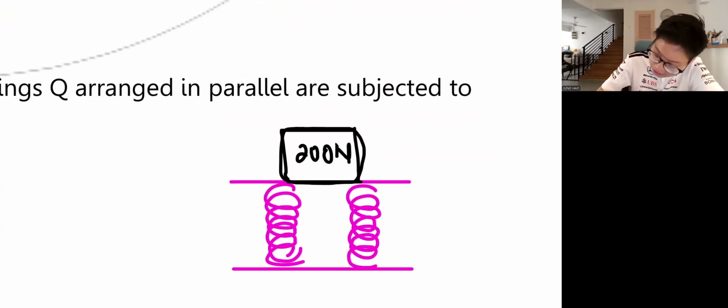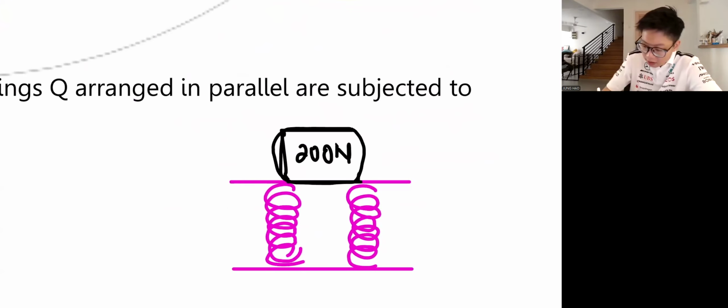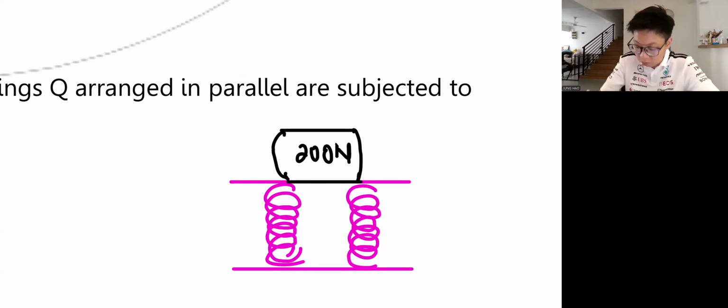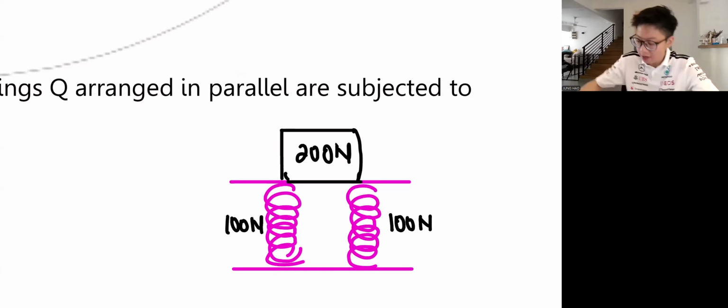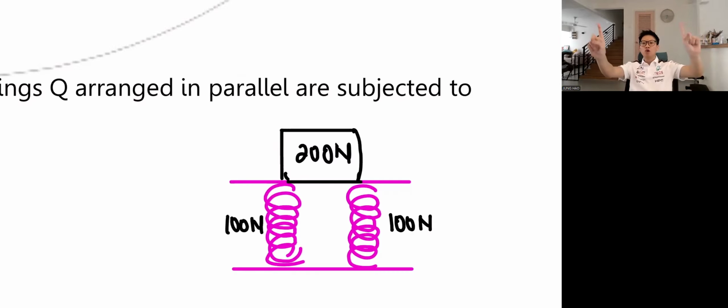Okay, now, some of the teachers, maybe they will teach you how to plus them together, minus them together, do the spring constant, right, guys? No need. Okay, I teach you what to do. You just need to know each of these springs takes 100 Newton. Why? Because if you have two springs, they will divide the load equally.